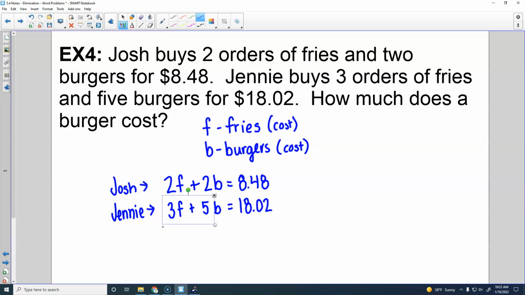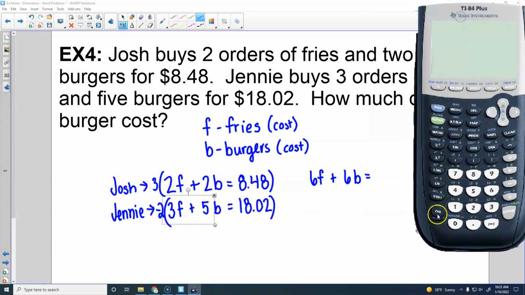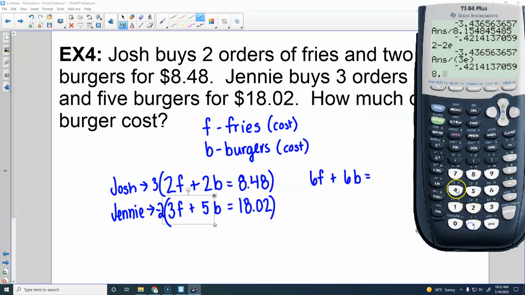To do that, I'm going to have to multiply both equations, right? So, I'm going to have to multiply this top equation by 3. The other one by 2, and it needs to be negative because one of these needs to be negative here. So I'm going to have 6F plus 6B equals 8.48 times 3, which is going to be 25.44.